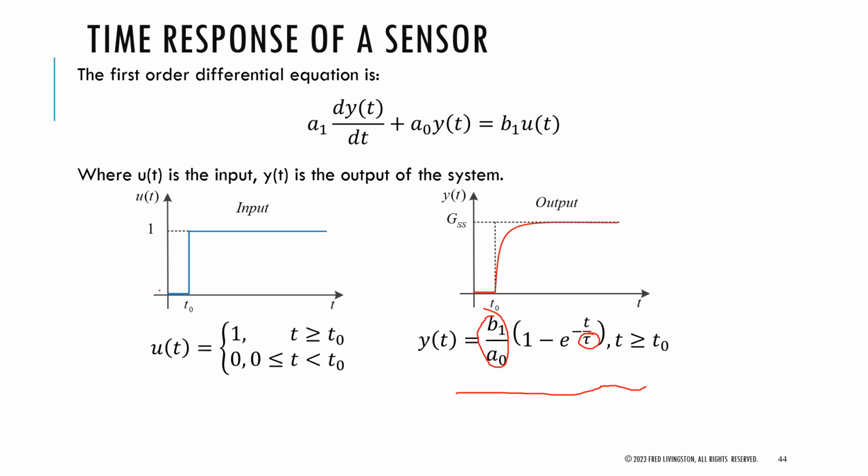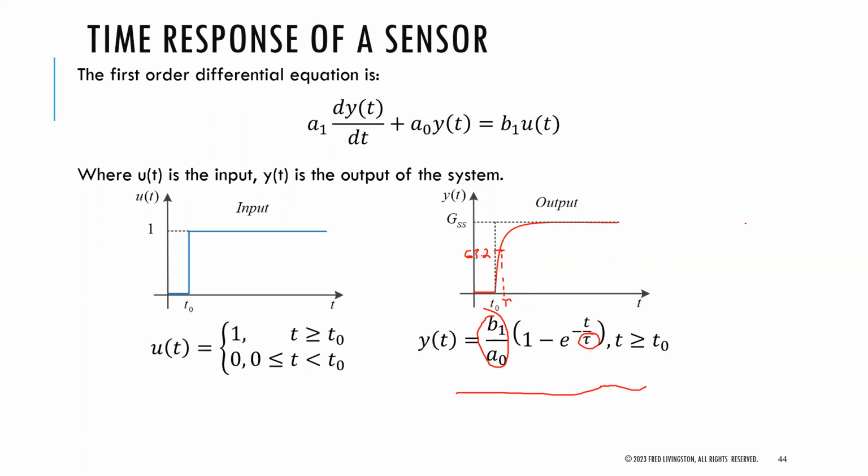Given the input, which is a step response of 0 to 1, you had a change here, and most systems could be described as a first order or second order system. It ramps up at a certain rate, and at 63.2% of the final value, that is my tau value of the system. If you measure that time, that's what tau is. And then it settles at your value here, which is your G_SS of the system.